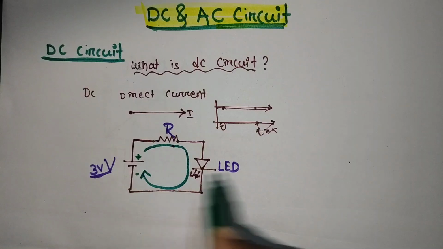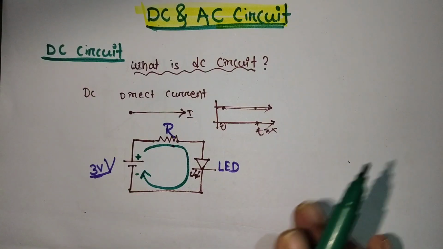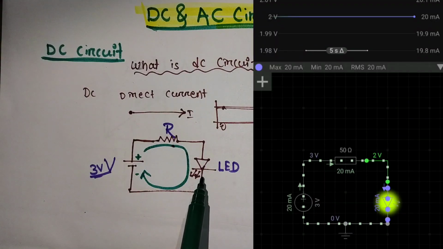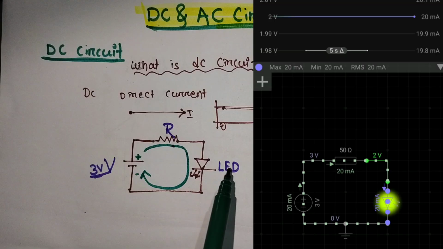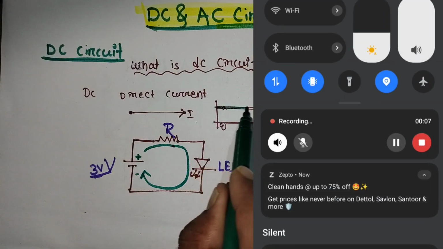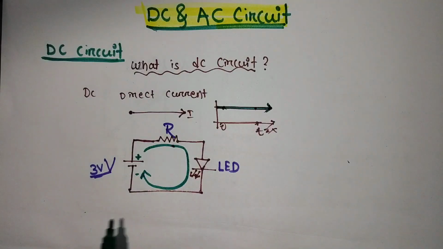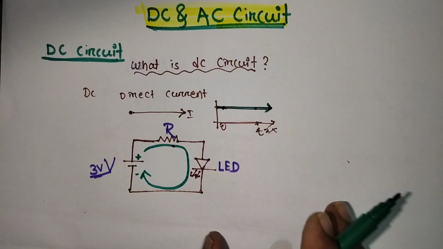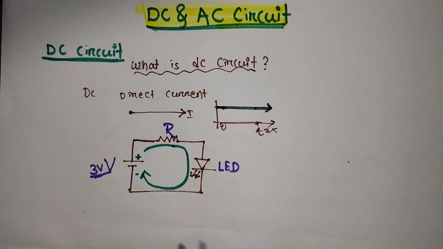If you observe this in the video or simulation diagram, you can see the LED is continuously glowing, with no blinking. That means a continuous 3 volt is given. That is a simple DC circuit, and you can see how DC will behave with the LED.